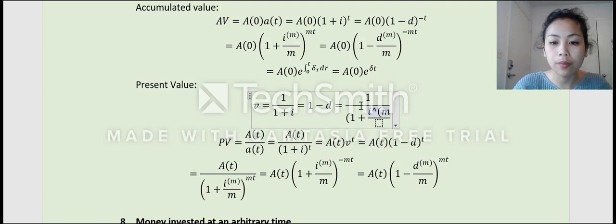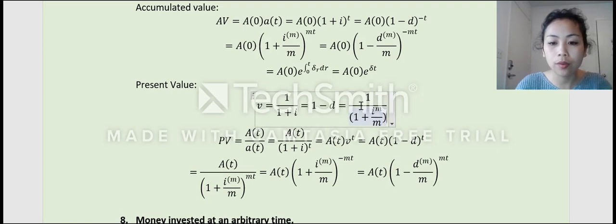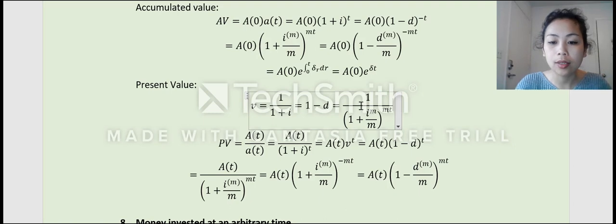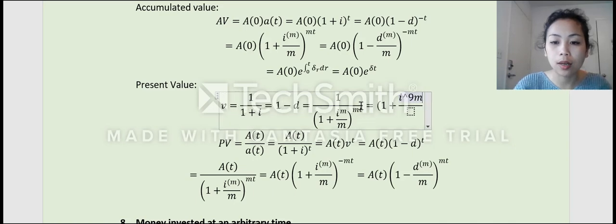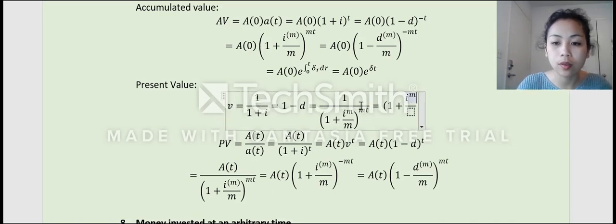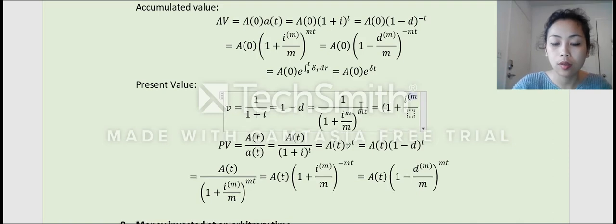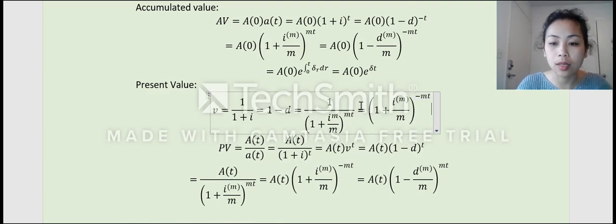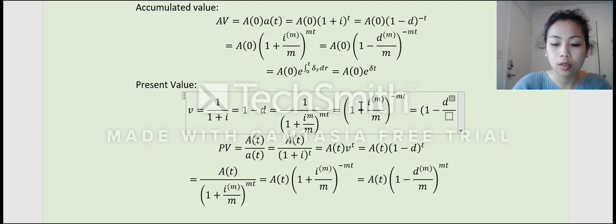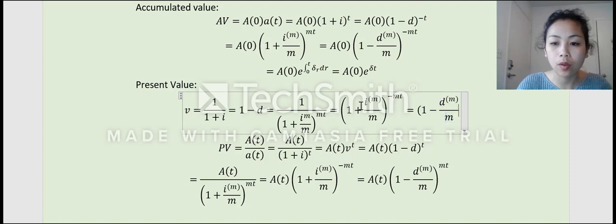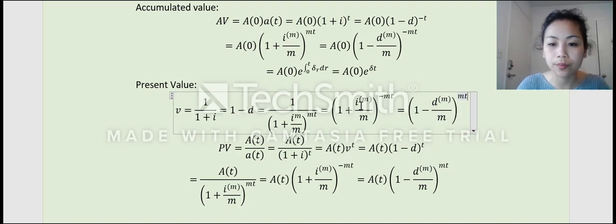To the power mt, this is equal to (1 plus i^(m) over m), the whole thing to the power of negative mt, and this is equal to (1 minus d^(m) over m), the whole thing to the power of mt. So that's how you compute present value using effective rate and nominal rate.